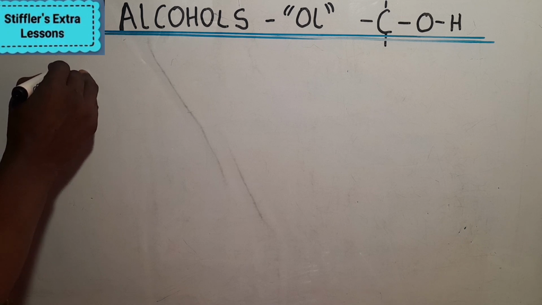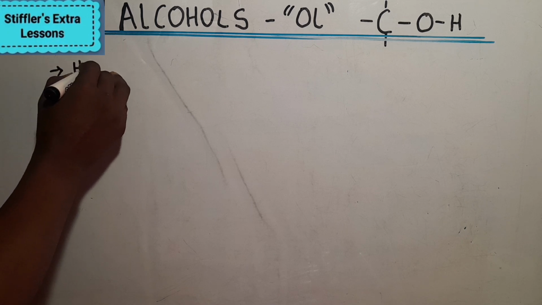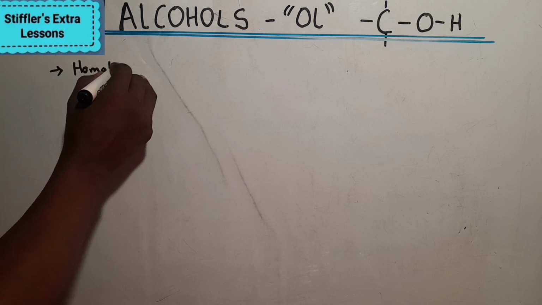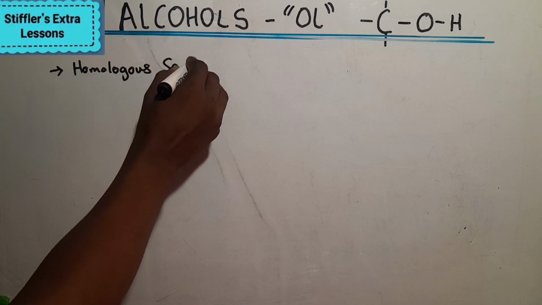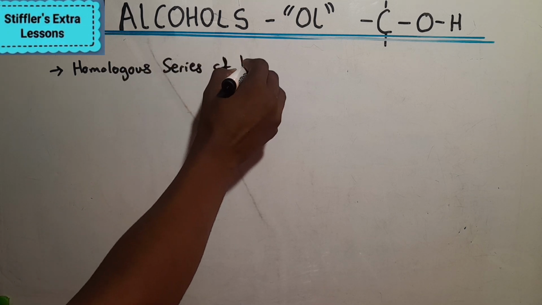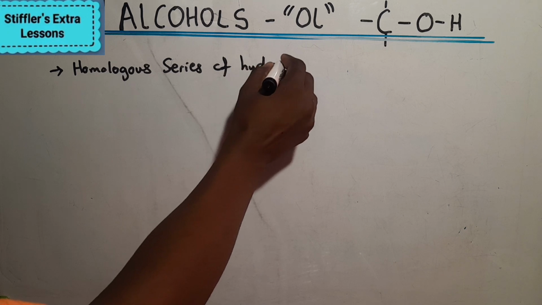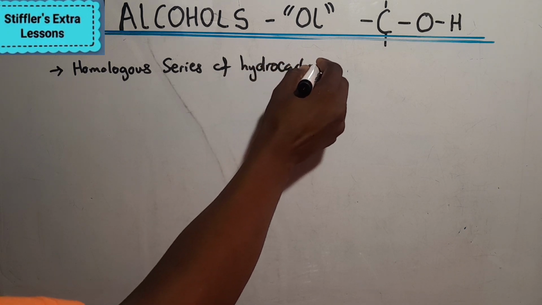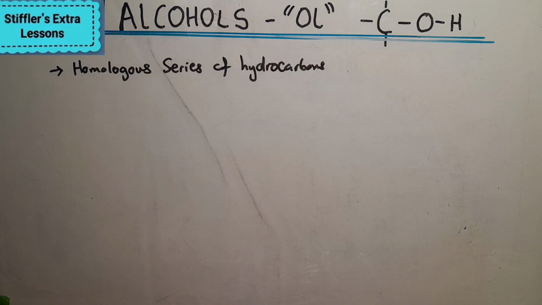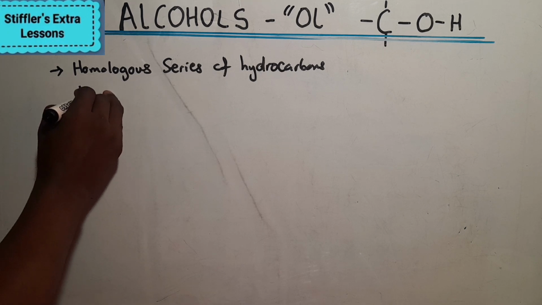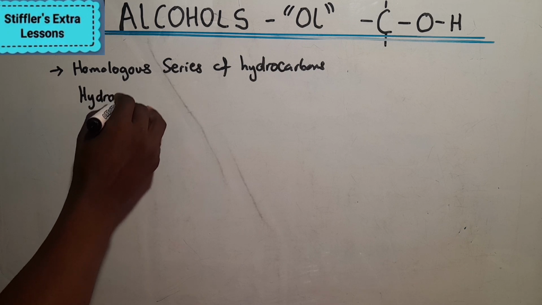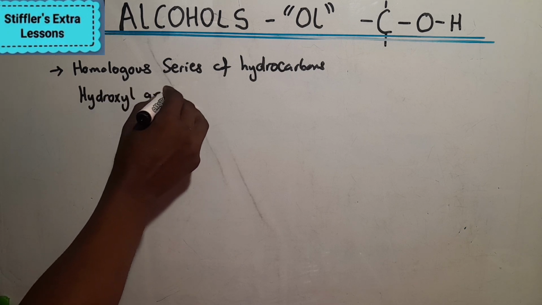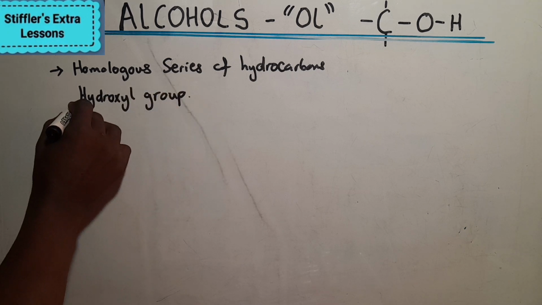So alcohols, this is a homologous series of hydrocarbons that are having a hydroxyl group.